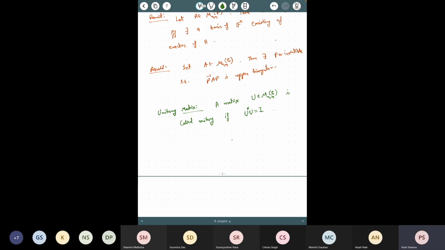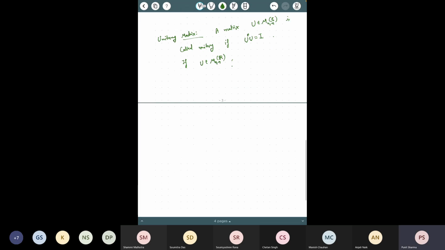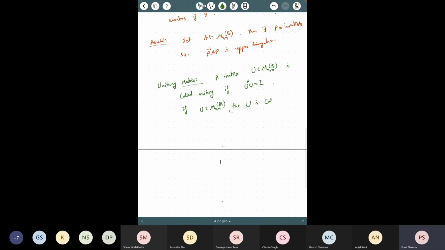If in addition U is an n cross n matrix over R, so that means when you consider the underlying field as the field of real numbers, then U is called real orthogonal if U transpose U is identity.